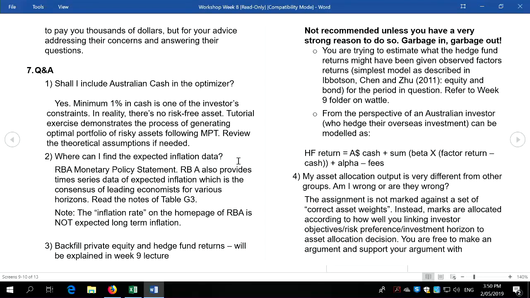If the asset allocation output is different from other groups, don't panic. That's not a problem at all. When we have the output from the mechanical quantitative model, you have to fine-tune your asset allocation. And that's absolutely not a one-goal game.